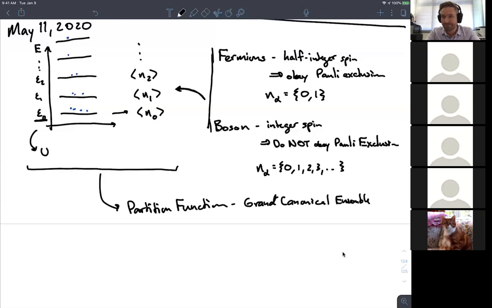Whether you believe that's a coincidence or not is up to your spiritual beliefs. But it turns out that when you relax the restriction that the number of particles is fixed, then you can actually calculate it inside the grand canonical ensemble. So that's where we left off on Friday: we had written down an expression for our grand partition function.